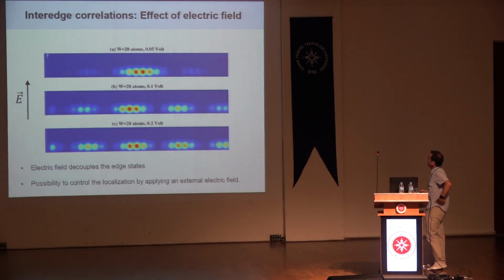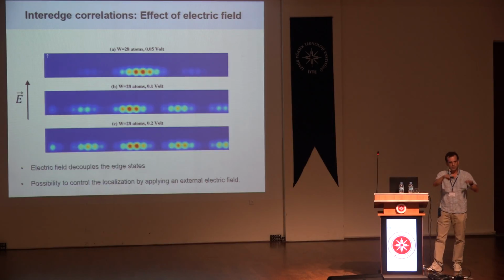We also looked at the effect of electric field. Okay, so in this, we apply an electric field in this direction, creating a potential difference between the two edges. So the edge states, now there's a lifting of the degeneracy between the edge states.